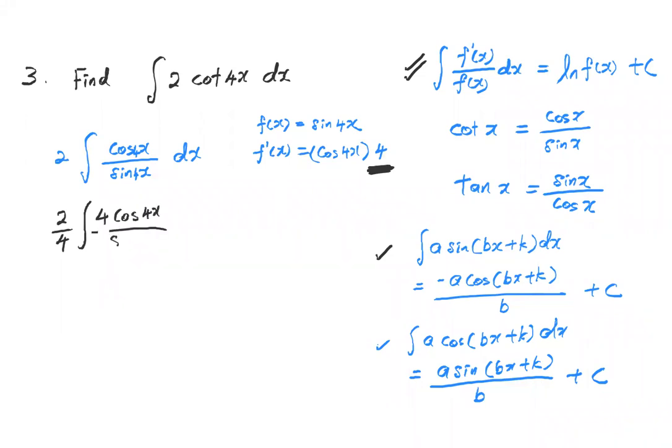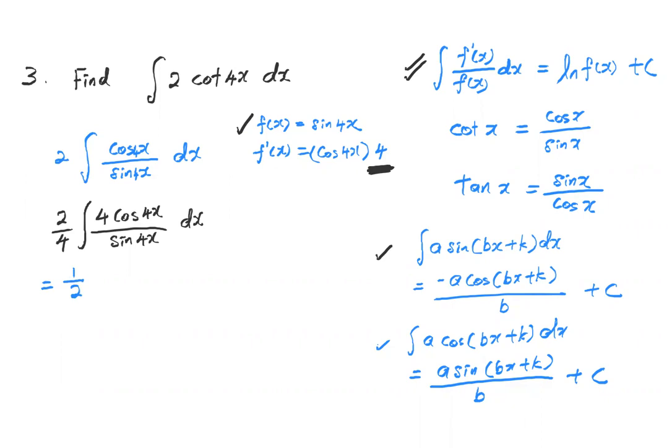Did I change the value of this function? No, I don't. So this step is very important. Got it? Okay, so now you understand what I do, huh? Okay, so I got half.